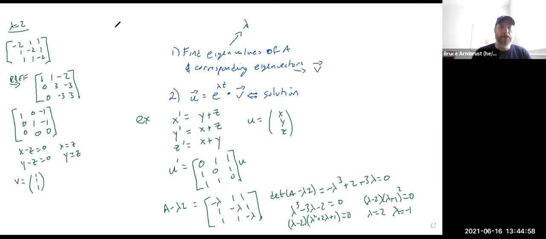Now let's go to lambda equals -1. If I put -1 in here for lambda, that gives me all 1s in the matrix. And this one's really easy to RREF.